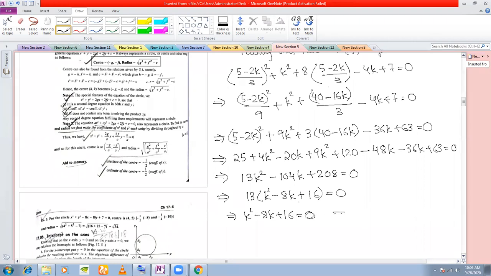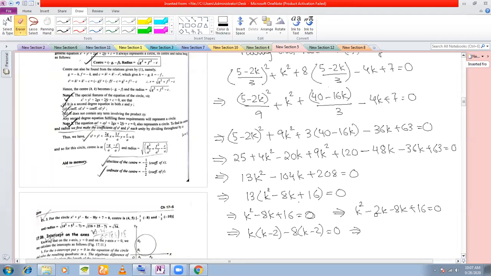This is a quadratic. Can this be factorized? 2 into 8, yes. k square minus 2k minus 8k plus 16. And that means you're getting k into (k minus 2) minus 8 into (k minus 2). Oh, sorry, my writing is wrong here. So 2 into 8... 4 plus 4.